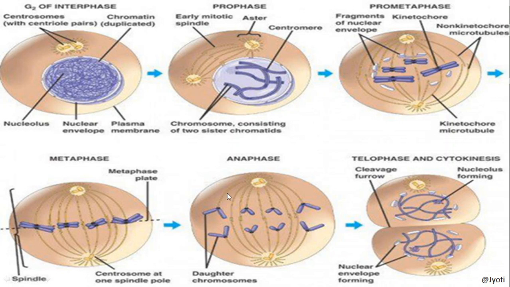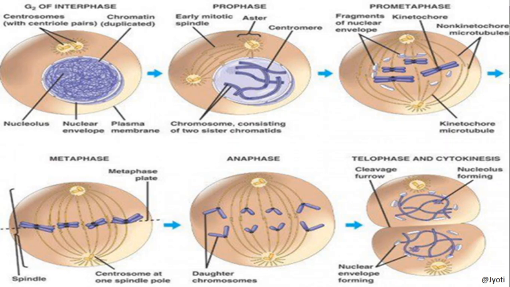Now the spindle fibers are withdrawn by the centrosome and the chromosomes start moving towards the opposite pole. Here you can see that as the chromosome moves towards the opposite pole, the centromere faces towards the pole and the arms face towards the equator.